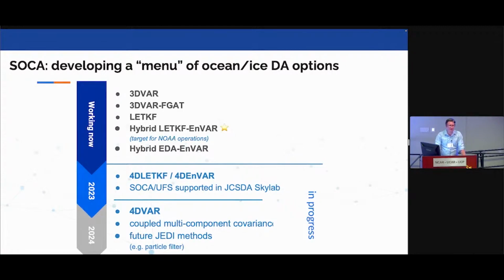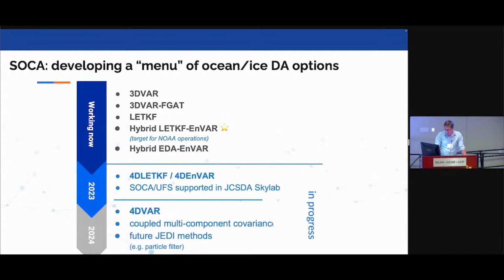But by stealing what they use in the atmosphere through JEDI, we basically now have a functioning 3D VAR FGAT, LETKF, hybrid LETKF ENVAR, and a hybrid EDA ENVAR. We have demonstrated all of those to be working reasonably well. Obviously, before you put something into operations, you do quite a bit more tuning and testing on your own end. But the framework for these is ready to go within JEDI.